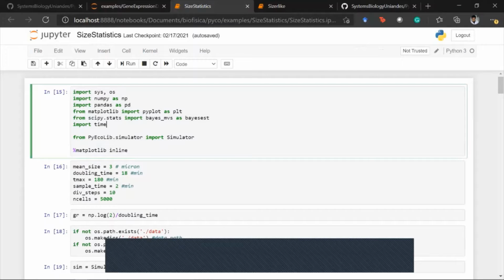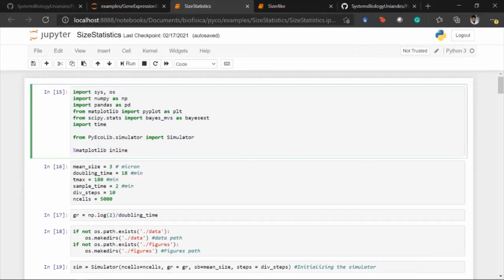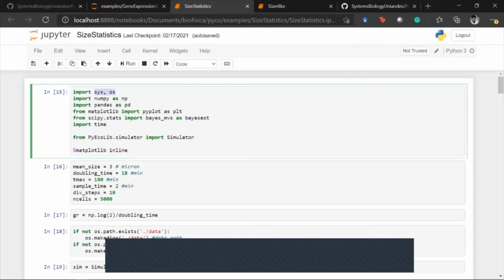In this case, we use sys and os to make folders and to run into the directories in your main folder. NumPy, pandas for data analysis, matplotlib for plotting graphs, and bayes that we're going to use to make some statistical inferring.